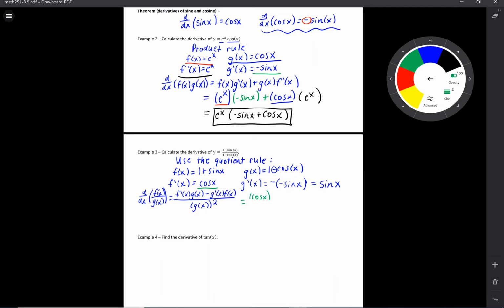g of x is equal to 1 minus cosine x. And then I have minus g prime, which was sine of x, times f of x, which was 1 plus sine x, all of this over g of x squared.